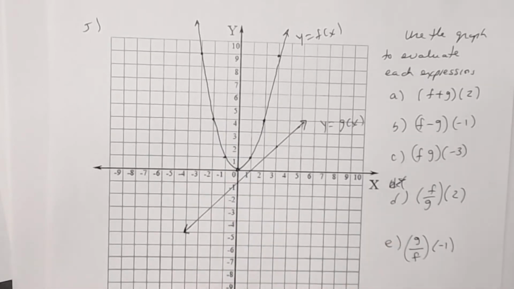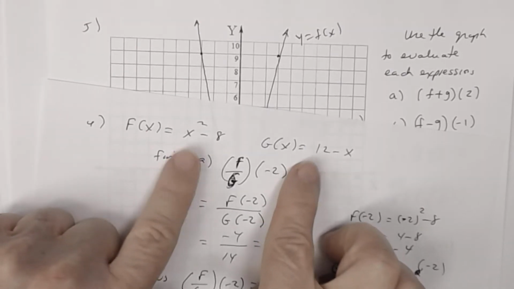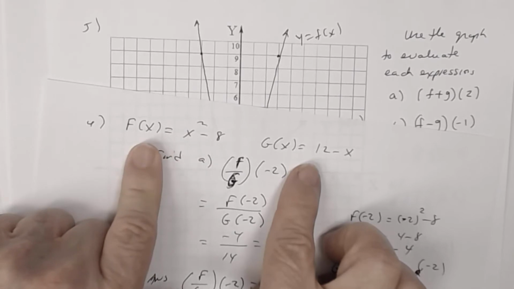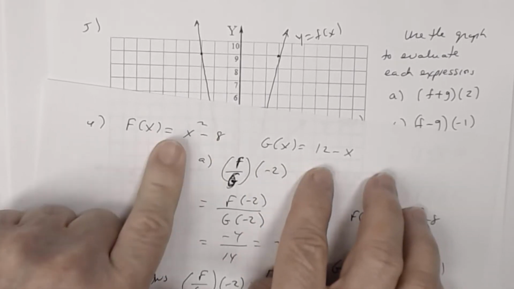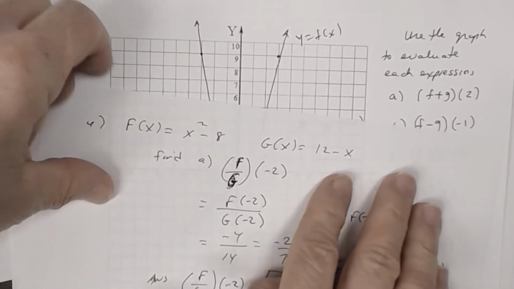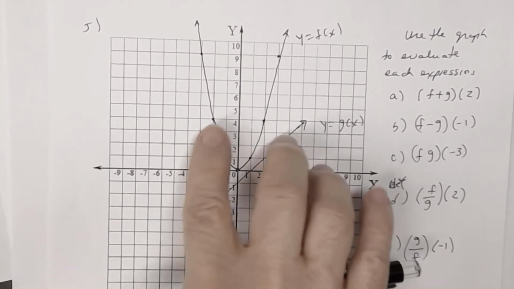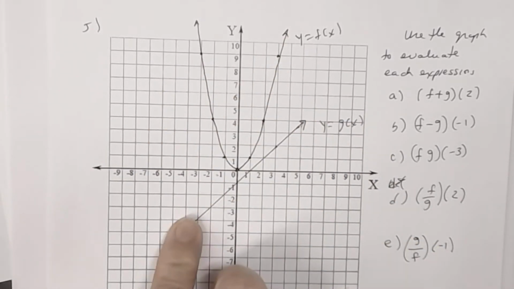Remember in the previous problems you were given the two functions as expressions. So you have f of x was this expression, g of x was this, right? So this was quadratic, this was linear. Now what's happening is instead of being given the expression, you're given the graph. So you see how f of x is quadratic and g of x is linear?